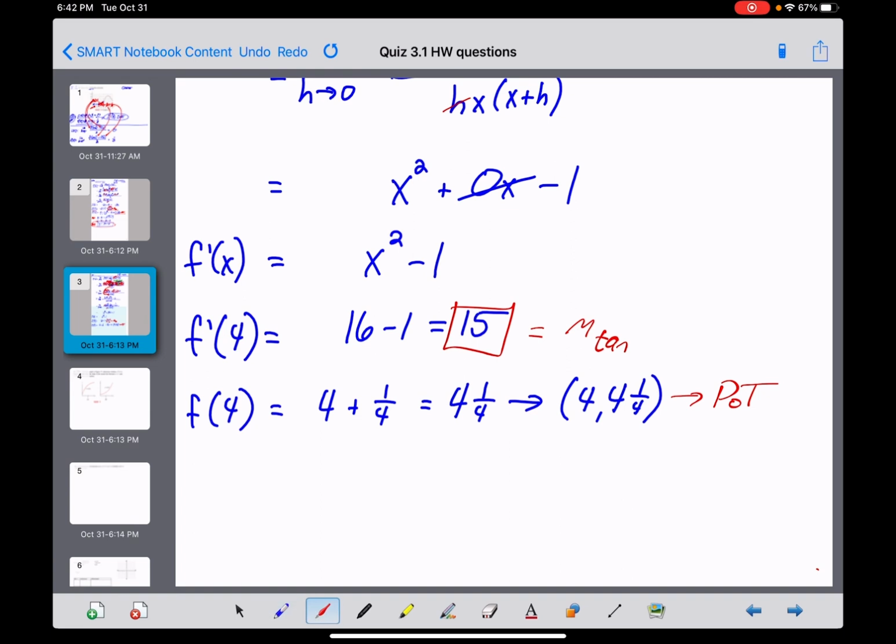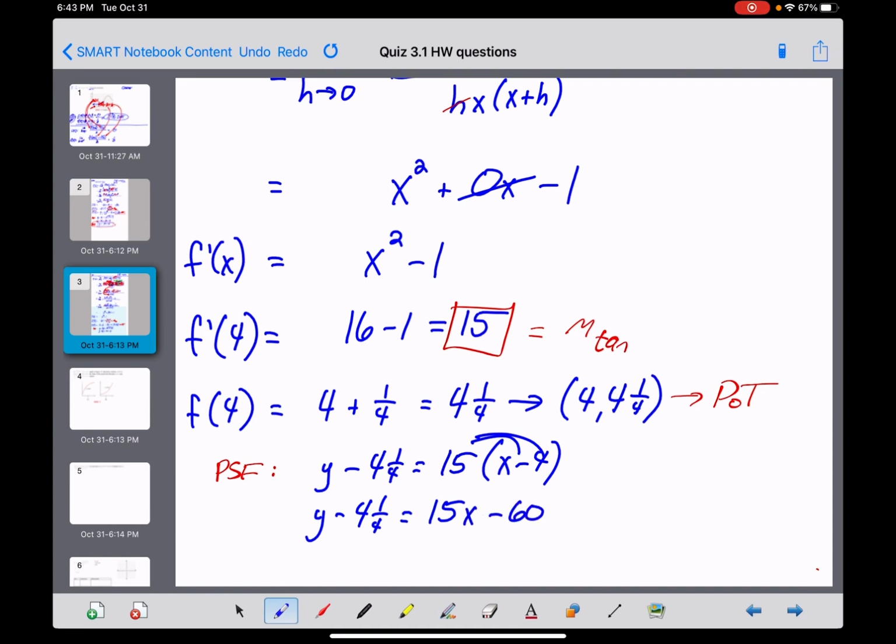So let's put all this together, guys. Starting in point slope form, I think I can fit this in the room I have left here. We're going to have y minus your y coordinate, 4 and 1/4, equals your slope, big, 15, and then times x minus 4. We'll distribute that 15 in there and get y minus 4 and 1/4 is equal to 15x minus 60.